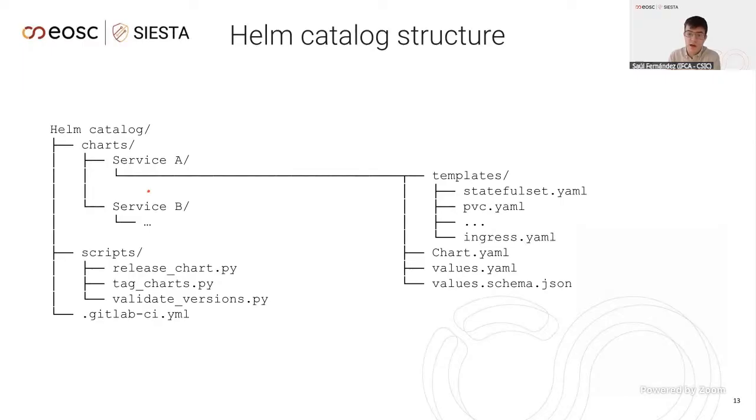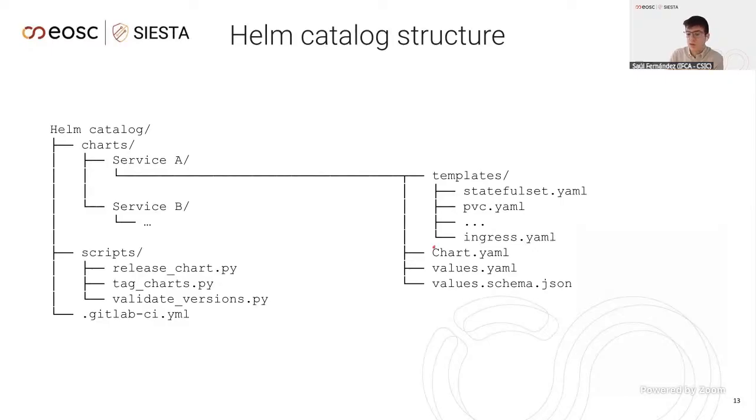So if we take a closer look at a service and the contents of a service directory, we see that we have a templates directory that contains the full Kubernetes definition of the service. We have here defined the stateful sets, the PVCs, the ingress, the secrets, all defined in the form of a template inside this templates folder.